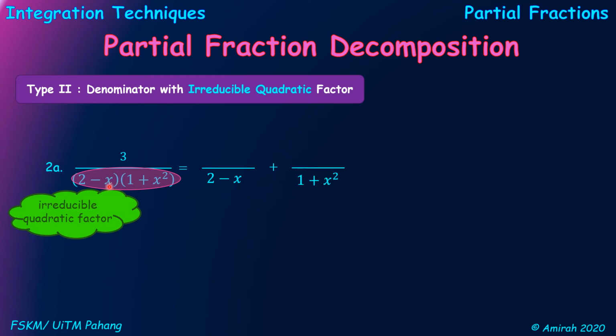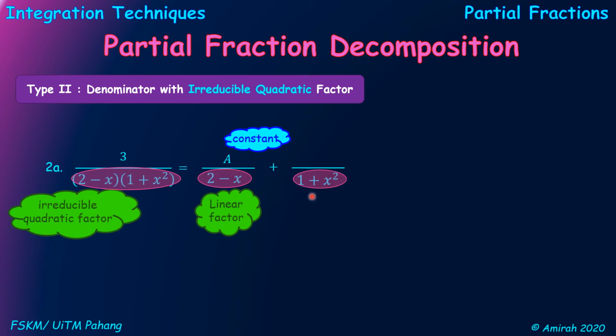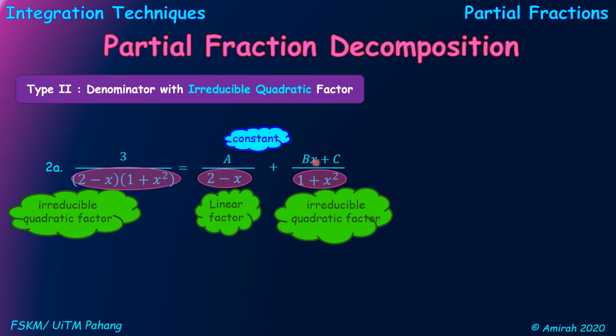The first denominator should be the first factor, which is 2 minus x, and the second denominator should be the second factor, and in between must be a plus. For the first fraction, the denominator 2 minus x is a linear factor, so we can write the numerator as a constant A. For the second fraction, the denominator 1 plus x squared is an irreducible quadratic factor, so we can write the numerator as a linear function Bx plus C.